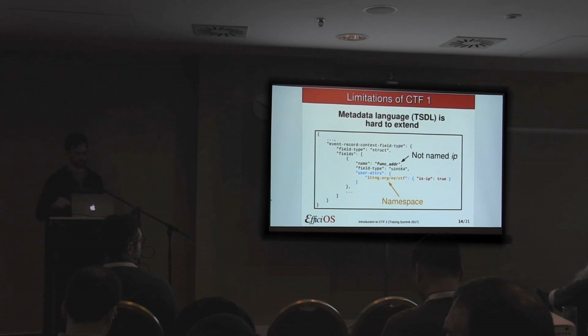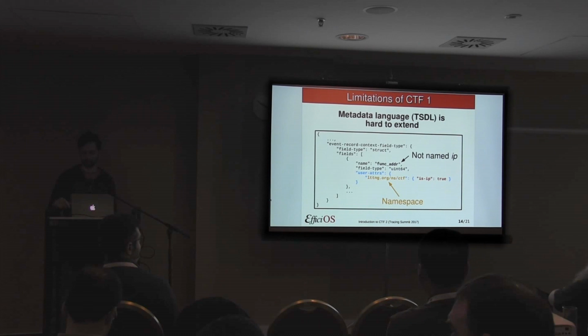Here's an example. This is similar to the previous slide where I had this IP field. Now my field is not named IP anymore. It's named font add, but it still represents an instruction pointer address. So right now, Babeltrace will have no way to know that this is an instruction pointer, but we can add a specific user attribute.